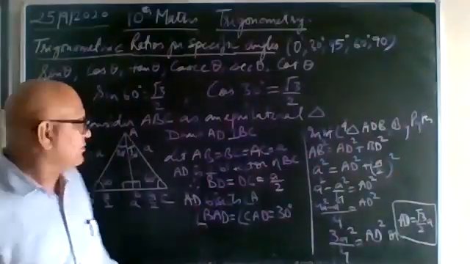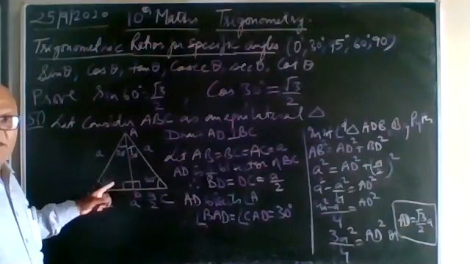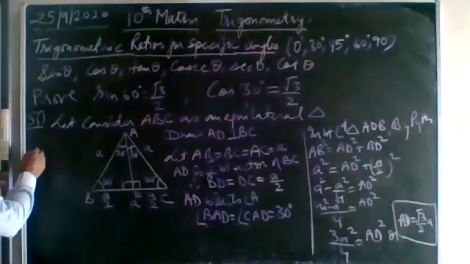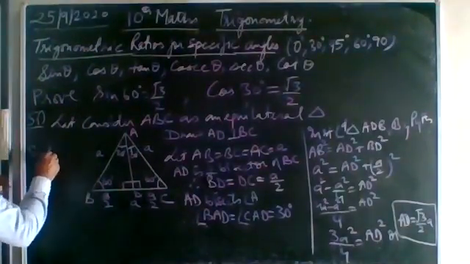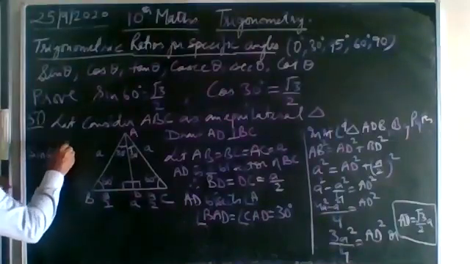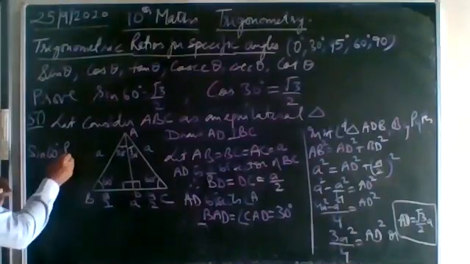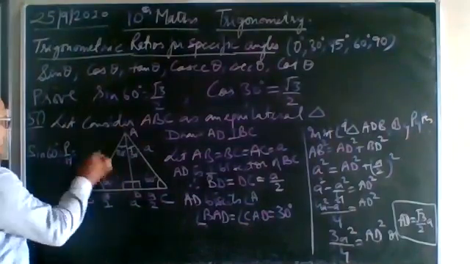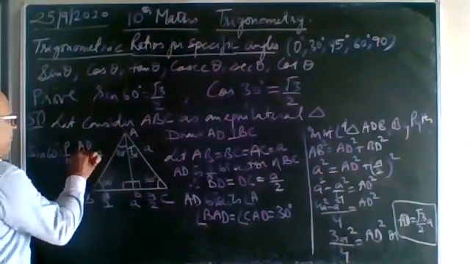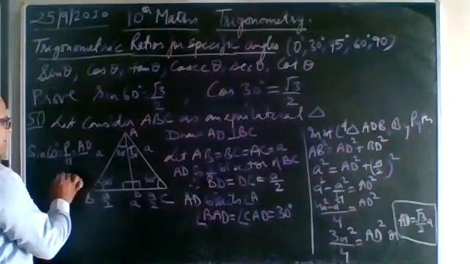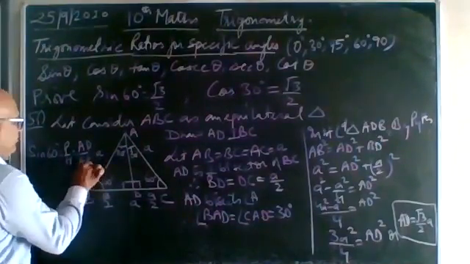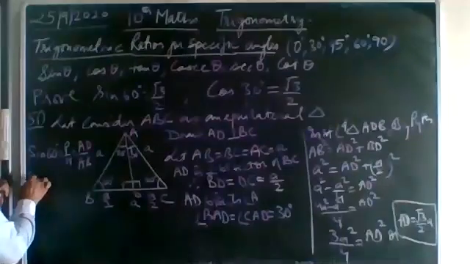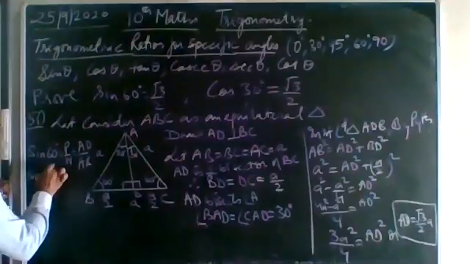Now you have to find out sin 60 degree. In this triangle, sin 60 degree is P upon H. P is AD upon H, that is AB.